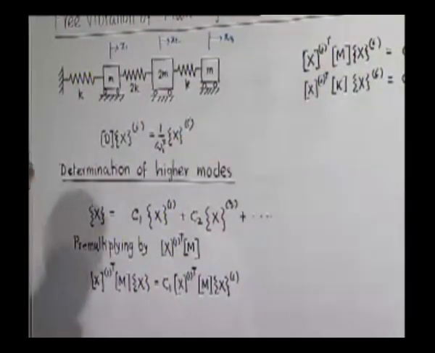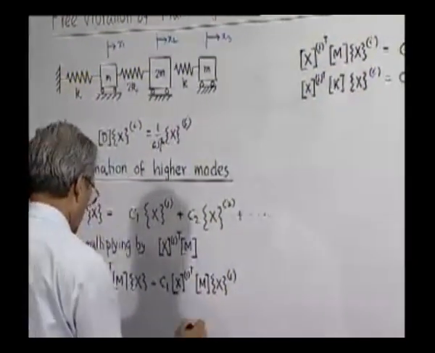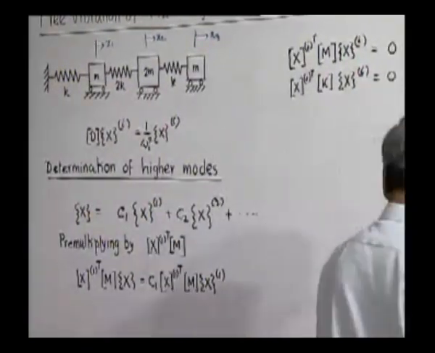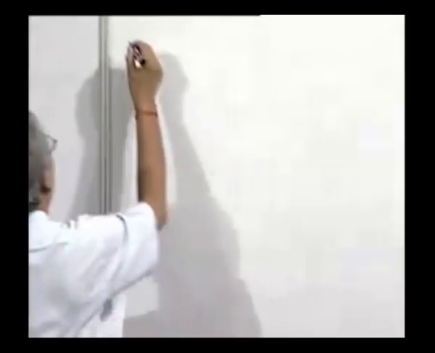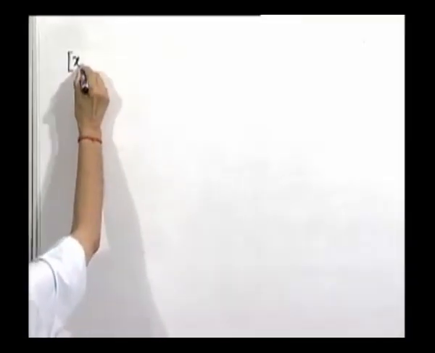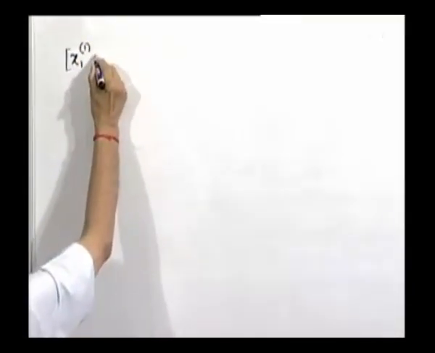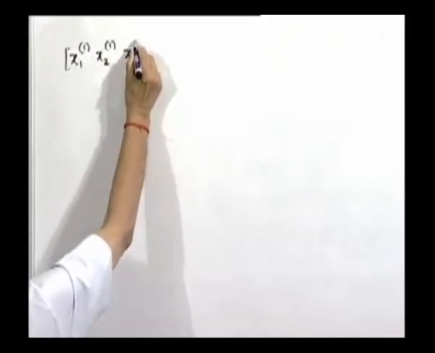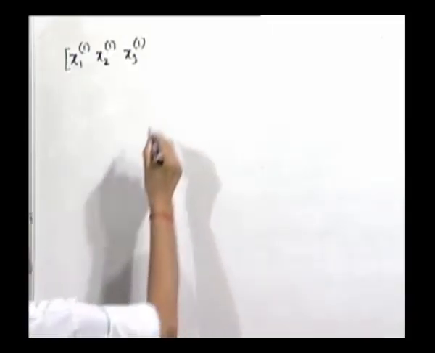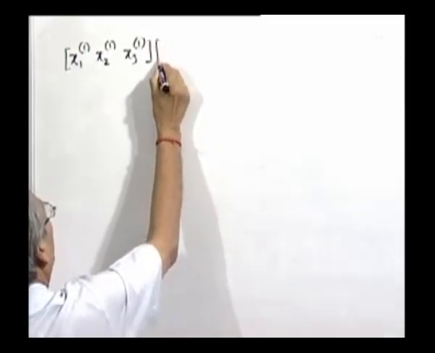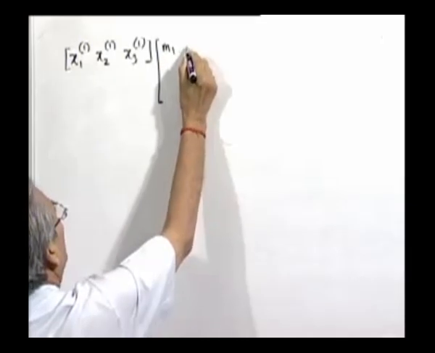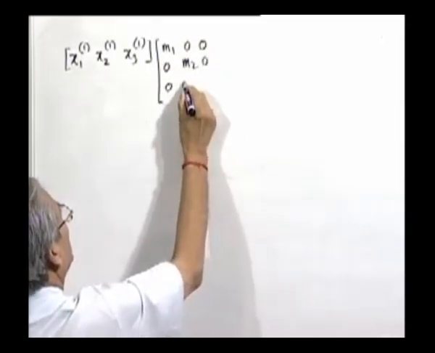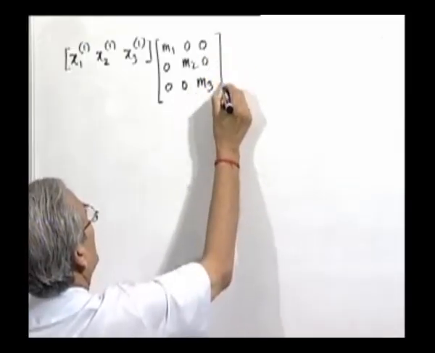Therefore, I will again take this example: x1 for mode 1, x2 for mode 1, x3 for mode 1, and the mass matrix m1 0 0, m2 0, for a 3-degree-of-freedom system.